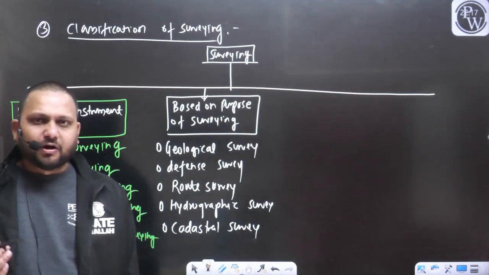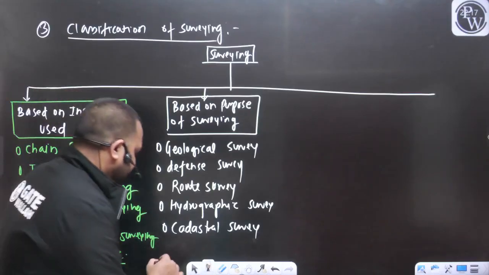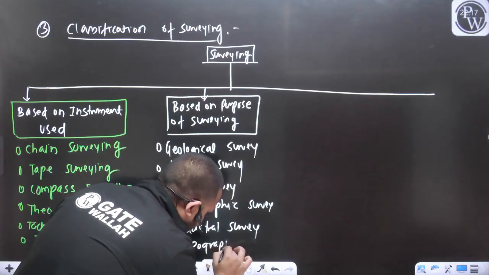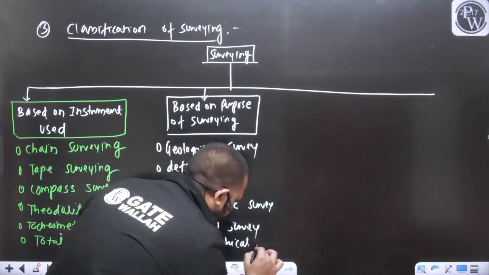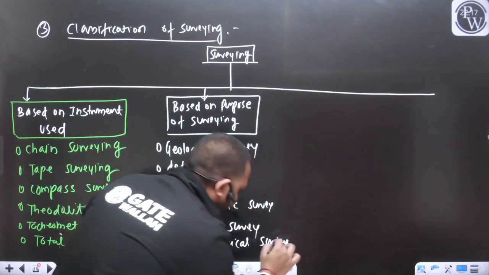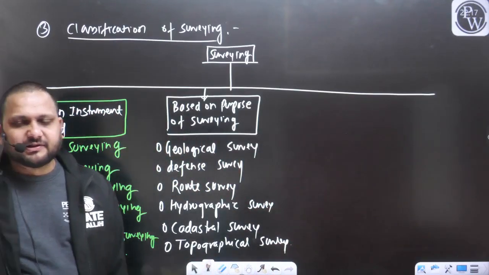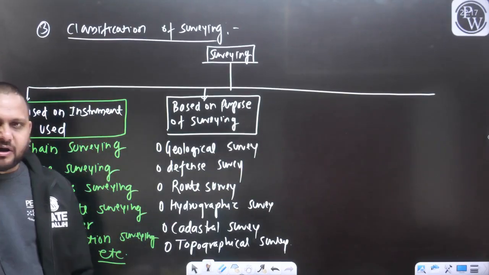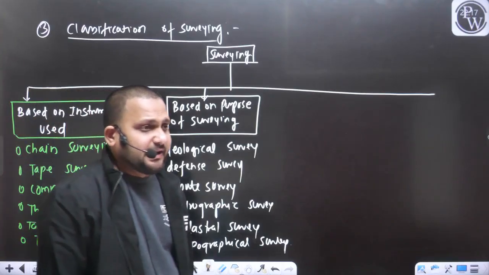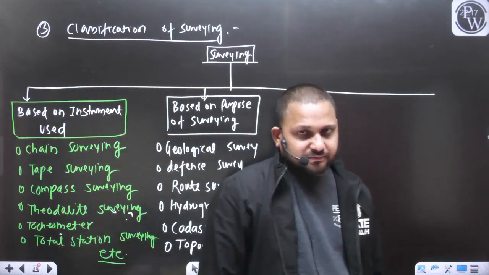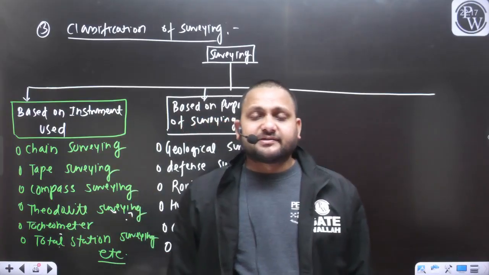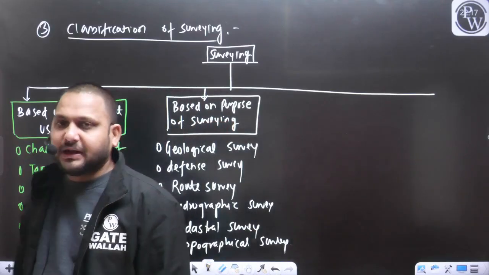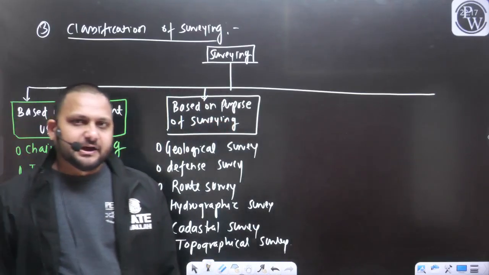We can collect the data related to the man-made or natural features, so we can go for the topographical survey. There are various antique structures like Taj Mahal, Qutub Minar, Char Minar, Gateway of India.